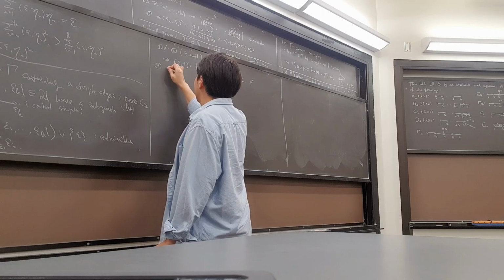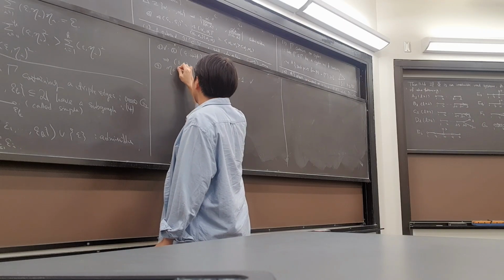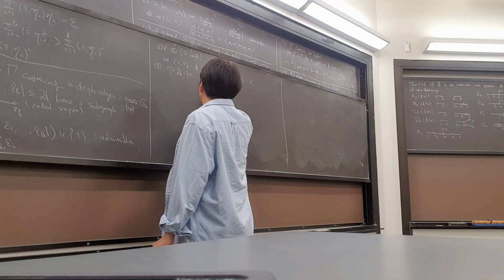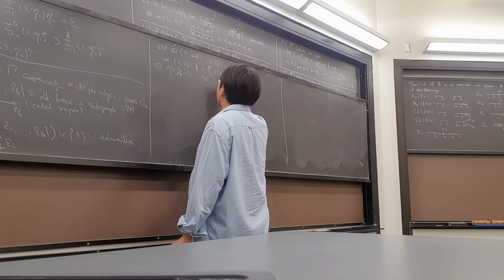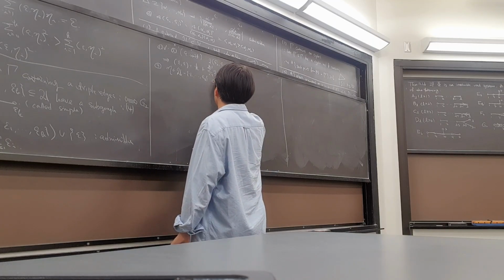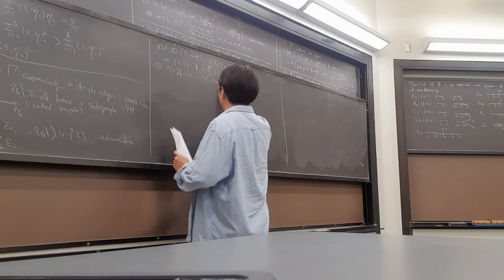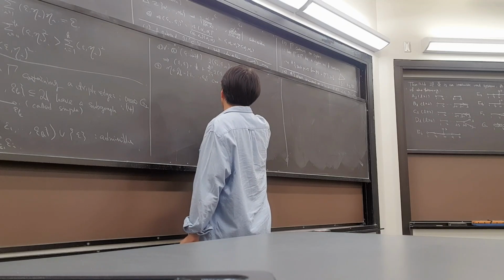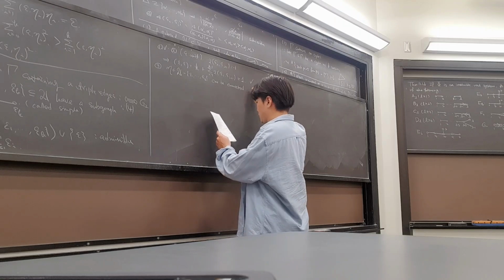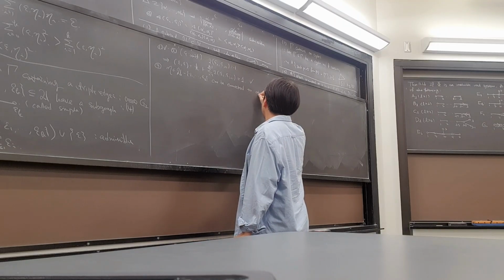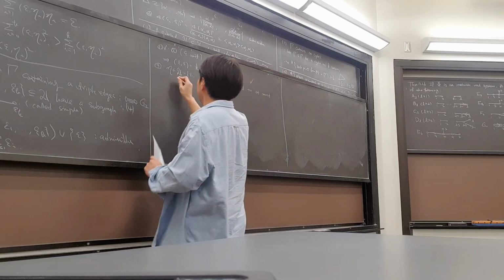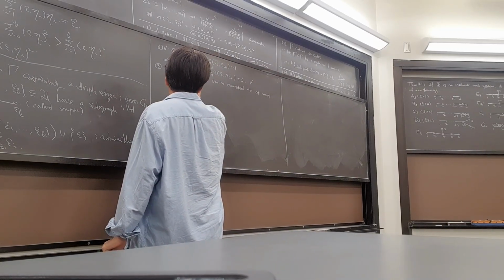So if nu is outside of epsilon 1 to epsilon k, it can be connected to at most one element of epsilon 1 to epsilon k.